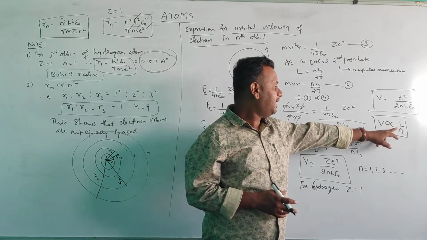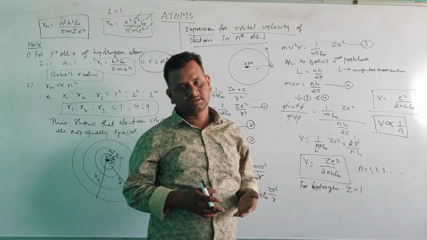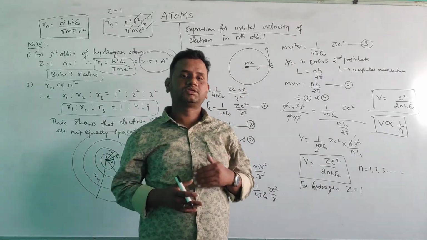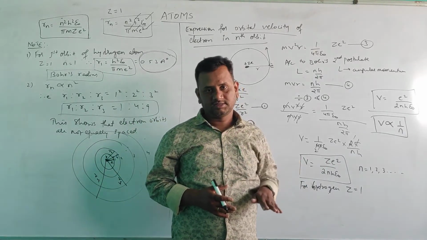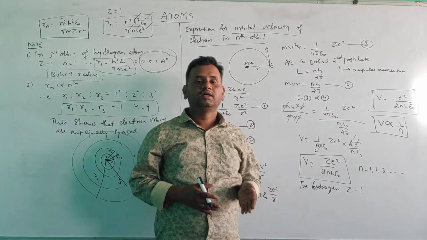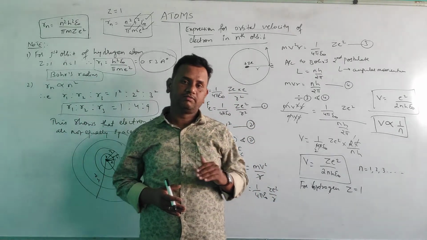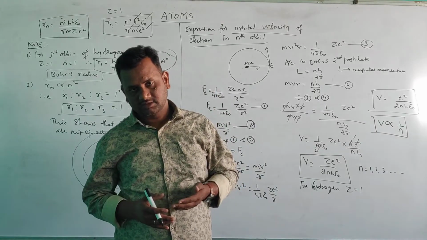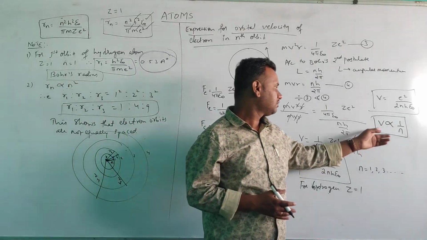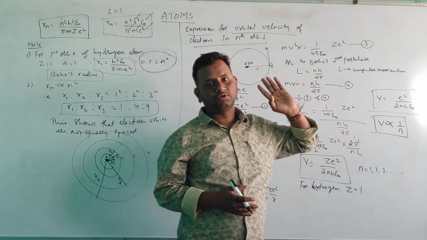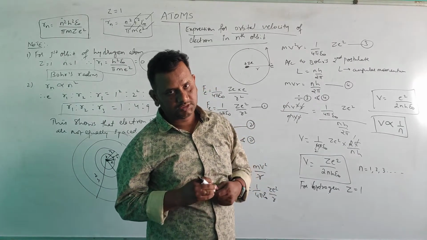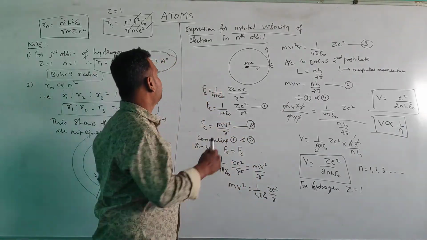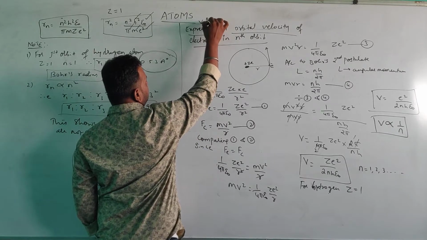As the orbit number increases, the orbital velocity of the electron decreases. If the orbit number is less, then the orbital velocity will be more. Both are inversely proportional to each other. So this is a very important expression, students.